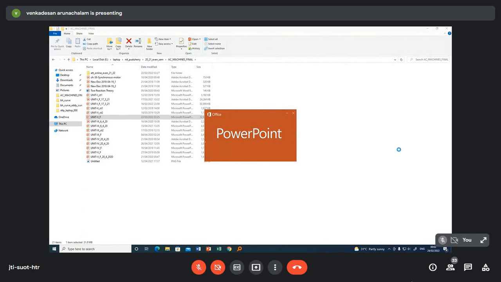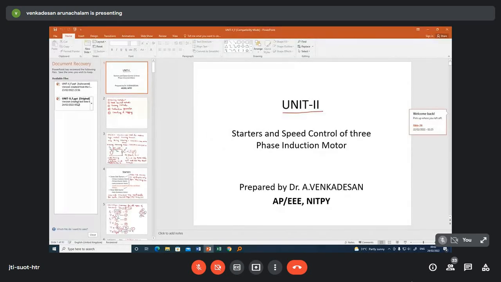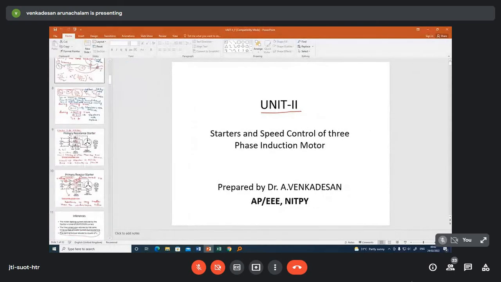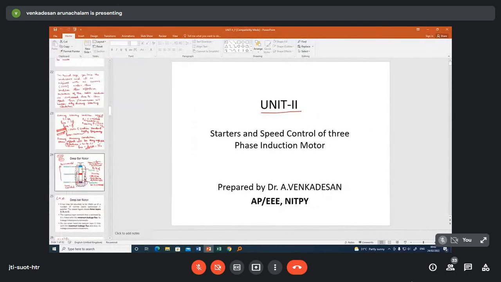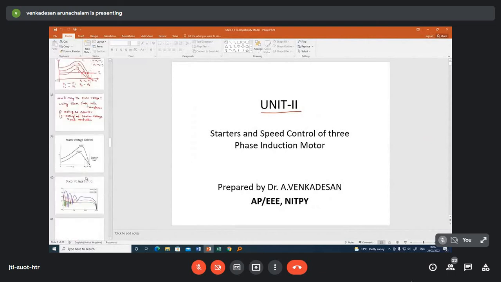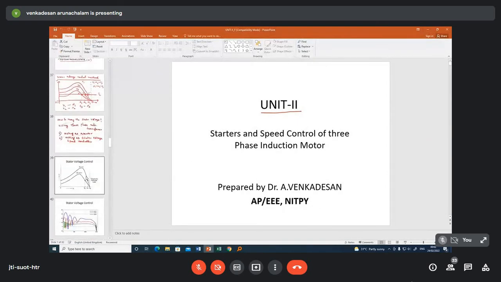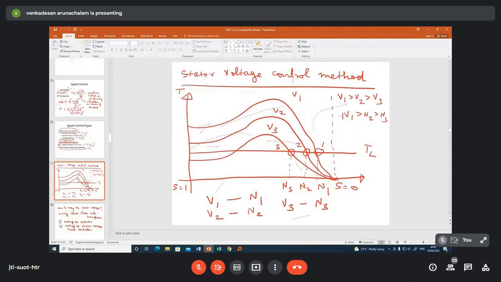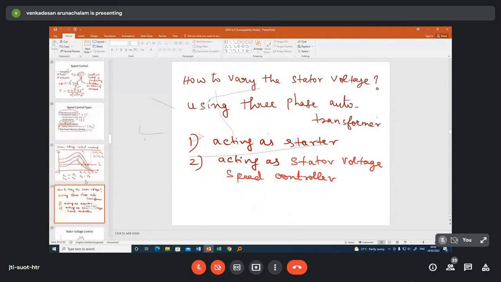So like that we can understand the speed control when we vary the stator voltage of the induction motor. The next question is how to vary this stator voltage magnitude.